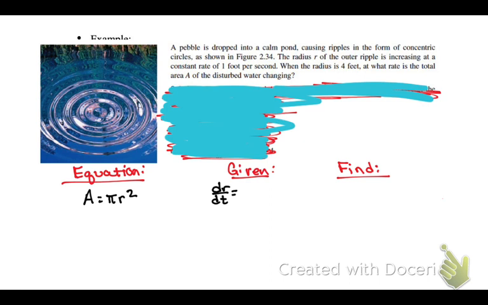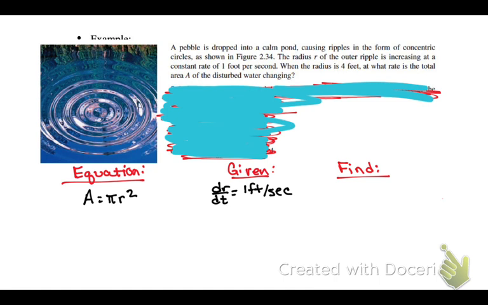We're talking derivative is the rate of change, an instantaneous rate of change. So the derivative of r with respect to t is telling me that the rate of change of the radius is 1 foot per second.